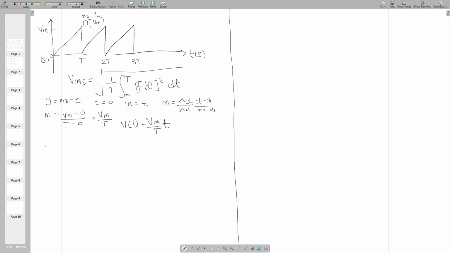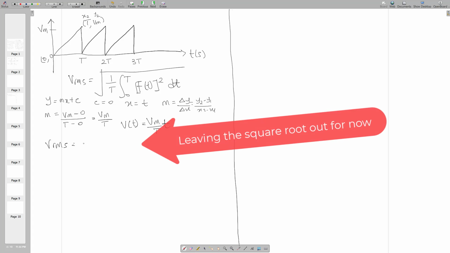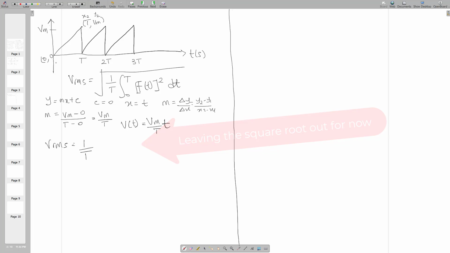Then we can substitute: VRMS equal to, so we will take the square root out, and when we are done, we fix it. 1 on T, because the period is from 0 to T, as you can see over here, 0 to T. We will integrate from 0 to T as usual.